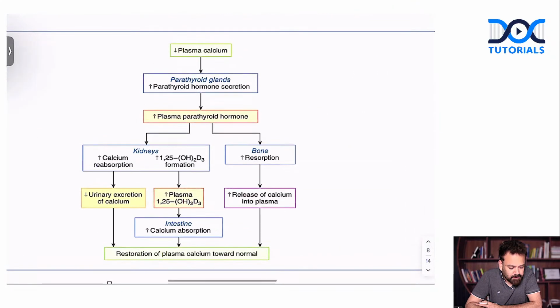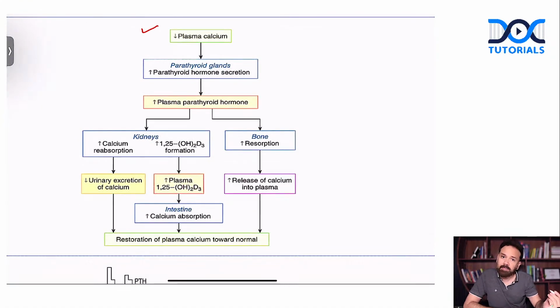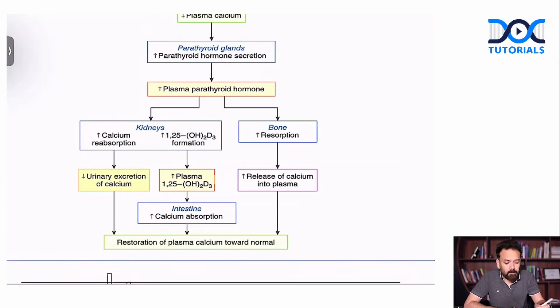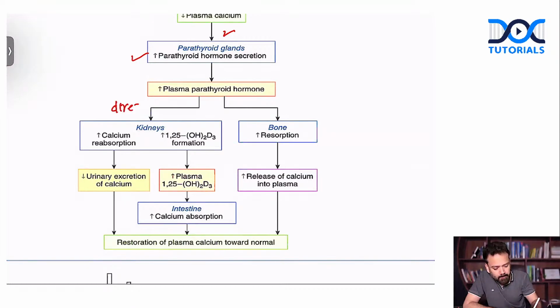Now, this is the summary. At last, this is the summary. Whenever plasma calcium is less in the blood, the parathyroid gland will be activated to release parathormone, which will have direct action on the kidney as well as on the bone. Direct action.